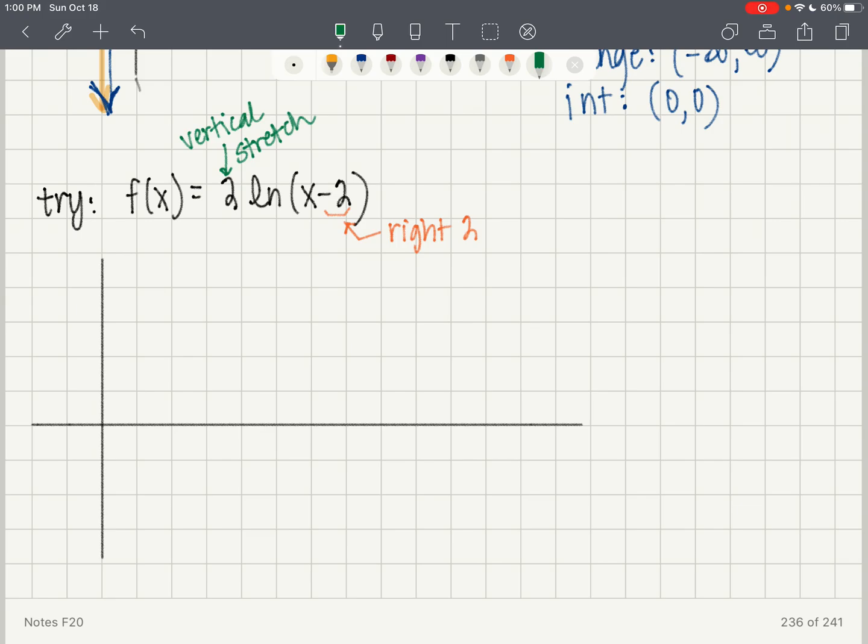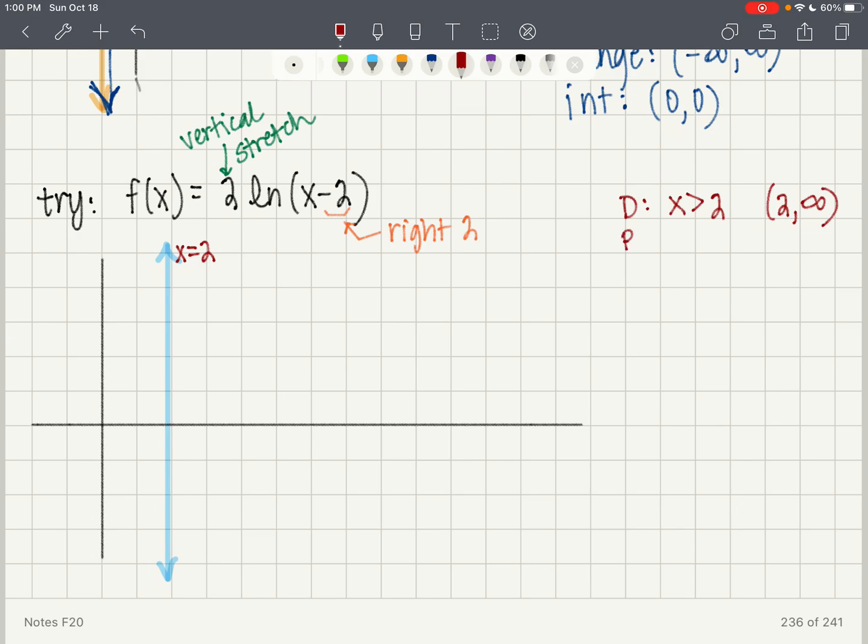So going right 2 is going to move our vertical asymptote over to x equals positive 2, because x minus 2 equals 0. x equals 2 will be our vertical asymptote. Our domain is going to be x is greater than 2, which in interval notation is 2 to infinity. Our range will always be negative infinity to positive infinity.